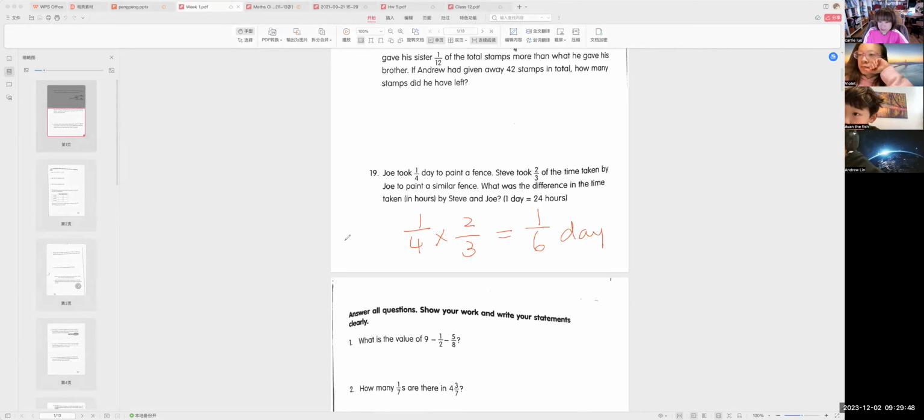So Steve is actually much quicker than Joe. What was the difference in the time taken in hours? First of all, Joe takes 1/4 day, which in hours is 6 hours. Steve is 1/6 day, 1/6 times 24 equals 4 hours. So all we need to do is 6 minus 4 equals 2 hours. Very easy. Get it, everybody?